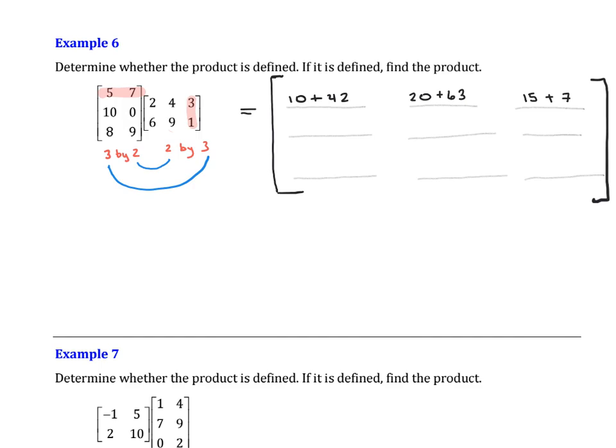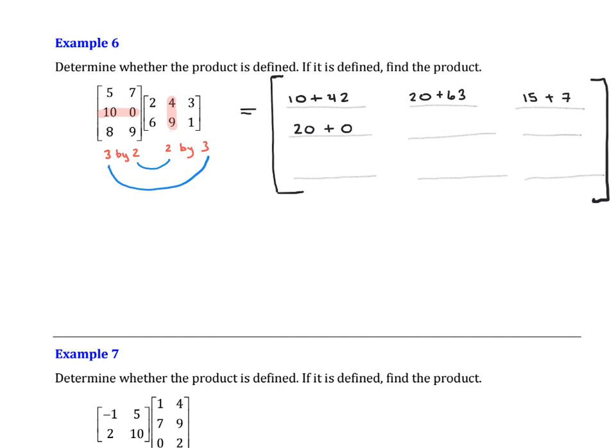Now let's move to the second row. The second row, first column: 10 times 2 plus 0 times 6. Now let's move to the next column. Second row, second column gives us the second row, second column entry.